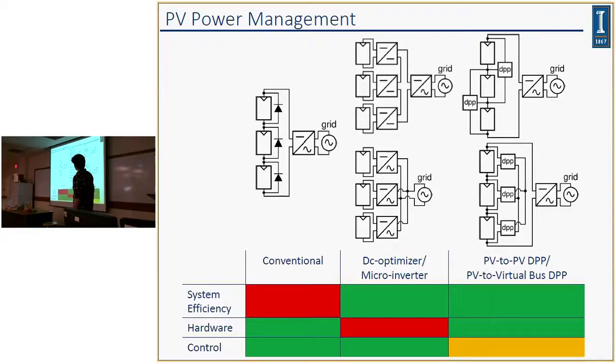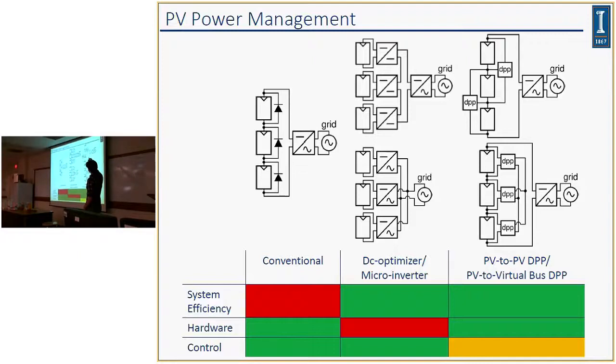So a solution to that is the differential power processing topology, which relies on the fact that the mismatch between each panel is usually small, so you only need to process the mismatch in power to actively track the maximum power point of each panel. Say in the PV to PV topology up here, the top panel's maximum power point current is 5 amps. The one below that is 4 amps.